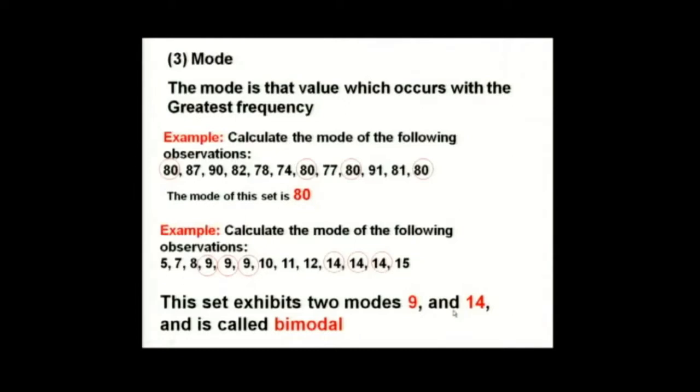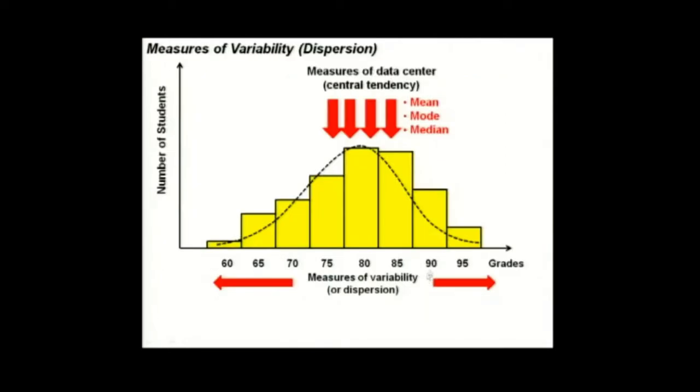Indeed, if you are using a software program to calculate the mode for this set of data, it will not give you a value because there is no clear mode, or there is a bimodal situation. These are the measures of central tendency: the mean, the mode, and the median.